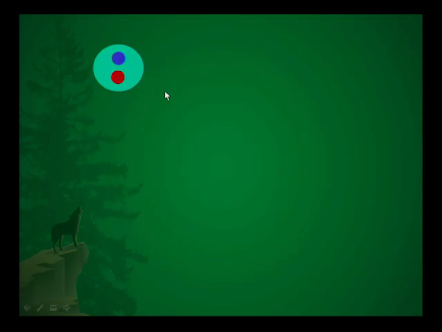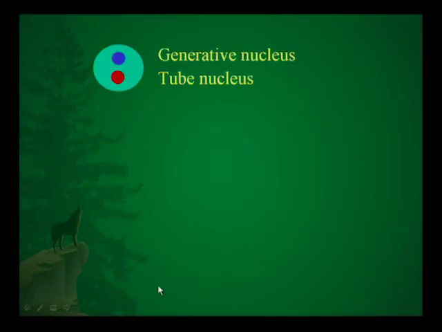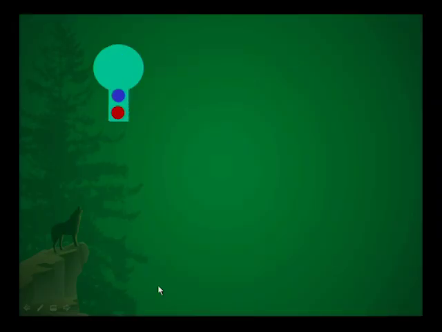So this is where the two nuclei come in. The mature pollen grain, you may recall, has a tube nucleus and a generative nucleus. What the pollen grain begins to do is elongate. It has to grow and elongate and reach the ovum within the ovule. So we have a generative nucleus and a tube nucleus, and the tube nucleus basically drives this mechanism; the tube nucleus will cause elongation of the pollen grain.